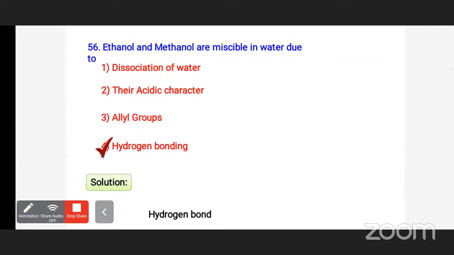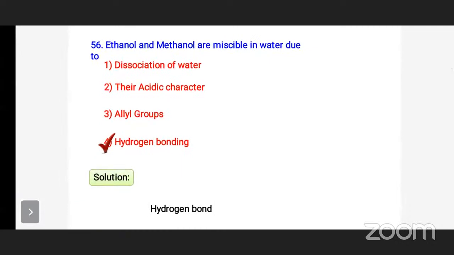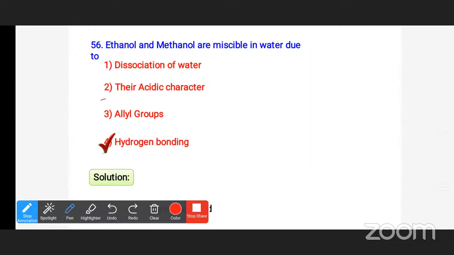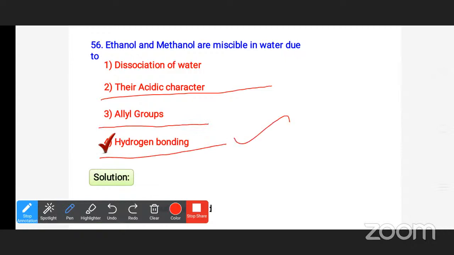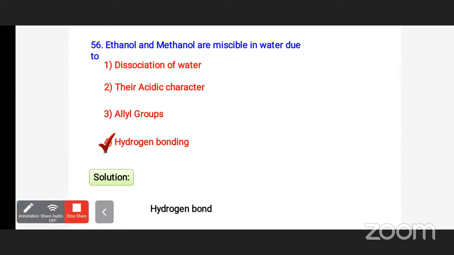Ethanol and methanol are miscible in water due to hydrogen bonding. So fourth one is the right option.